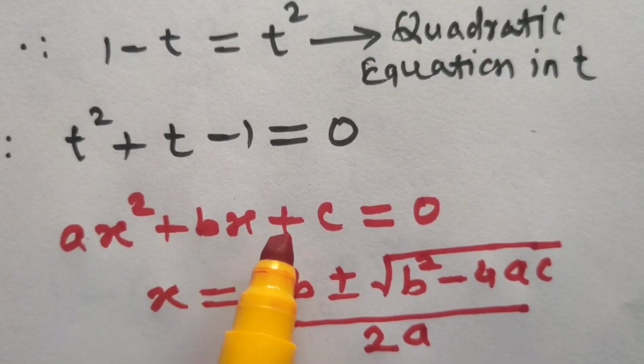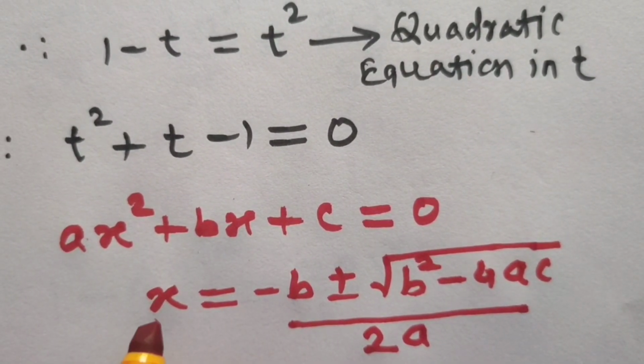So roots of this quadratic equation are given by x is equal to minus b plus or minus under root b square minus 4ac, whole divided by 2a.